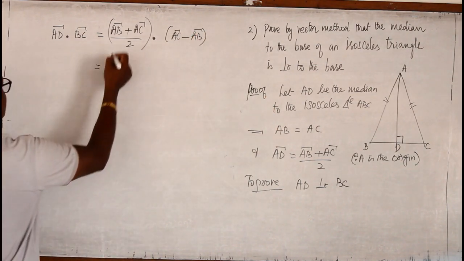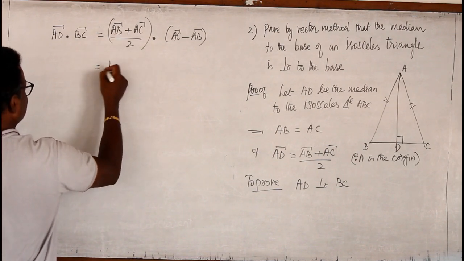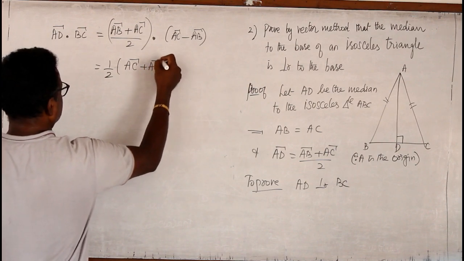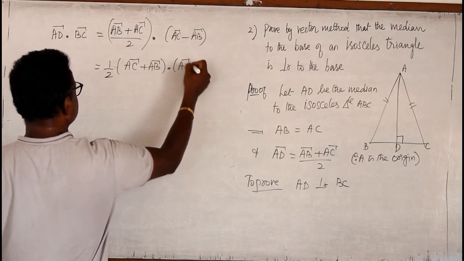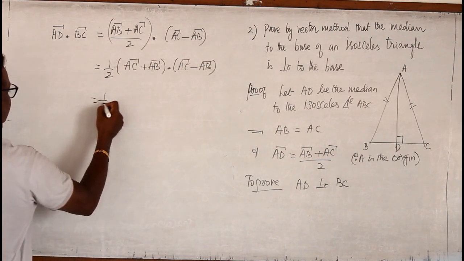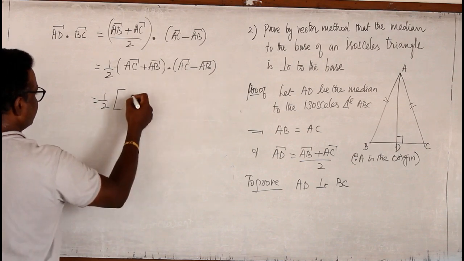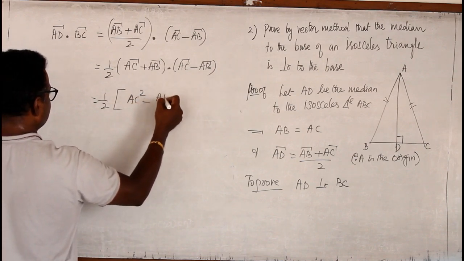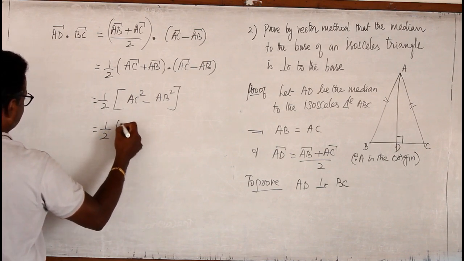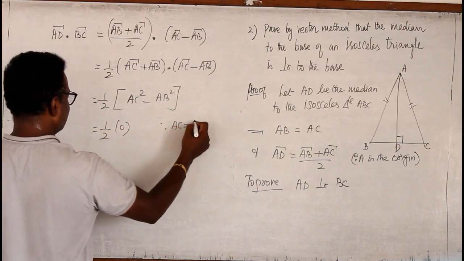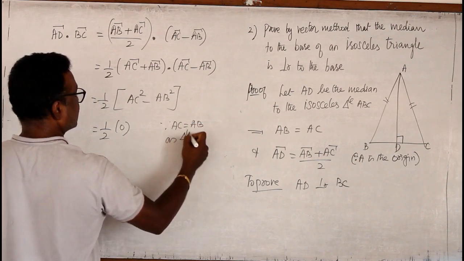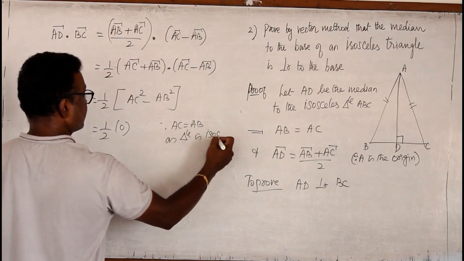So, this is 1 by 2 into AC plus AB dot AC minus AB. I am writing AB plus AC as AC plus AB. So, it is half into, is it not A plus B into A minus B? So, AC square minus AB square. This is equal to half into 0 since AC equal to AB as the triangle is isosceles.